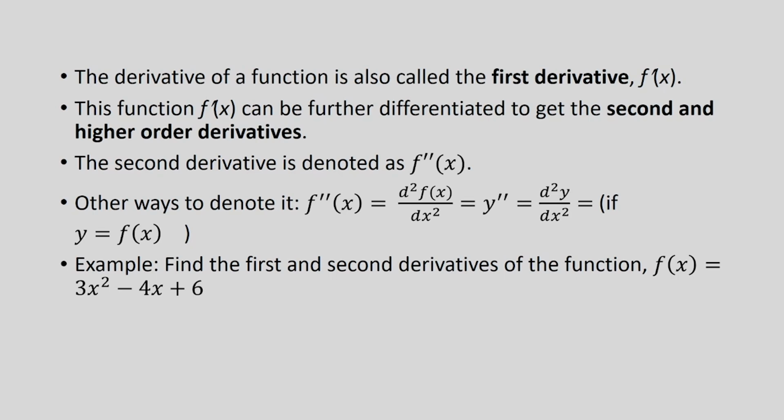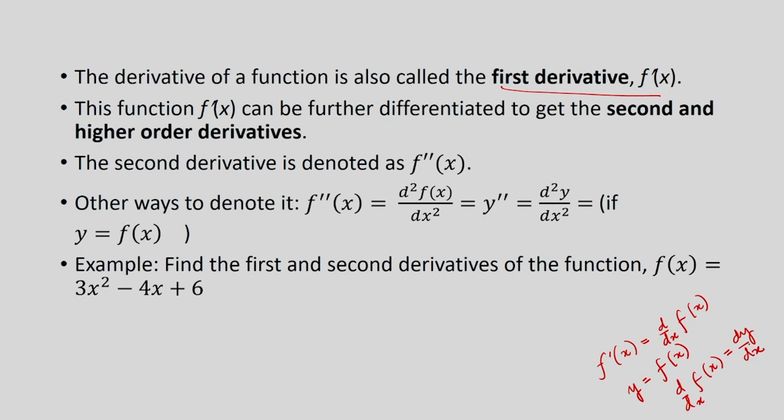The derivative of a function is called the first derivative, or f dash of x. This is the same as f dash of x is equal to d/dx of f of x, and if you have y is equal to f of x, then you have d/dx of f of x is equal to dy/dx.